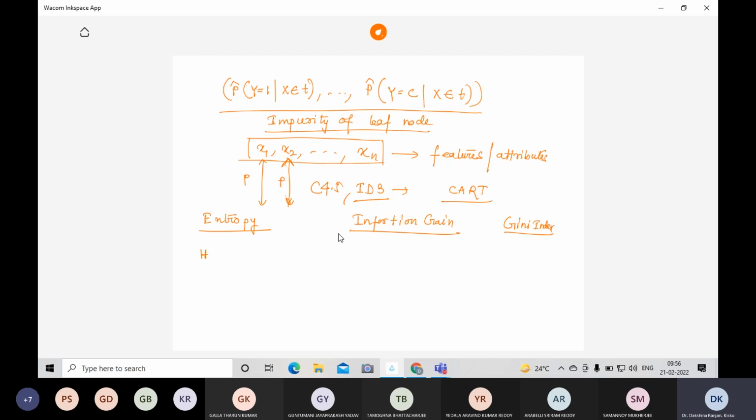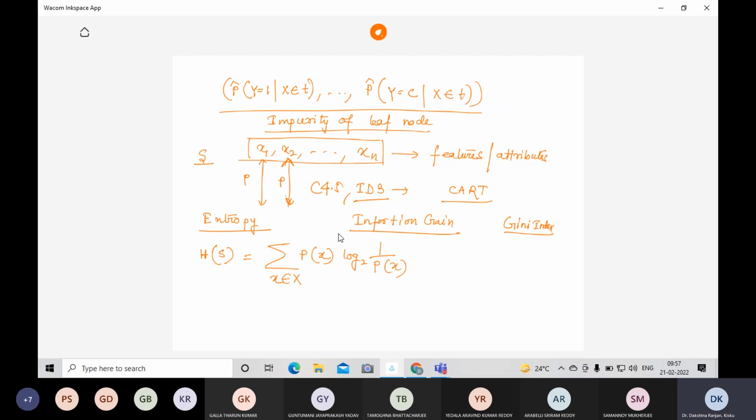For a set S of data, we can get the entropy of this dataset, which is given by the summation over probability of x multiplied by log of 1 by probability of x.